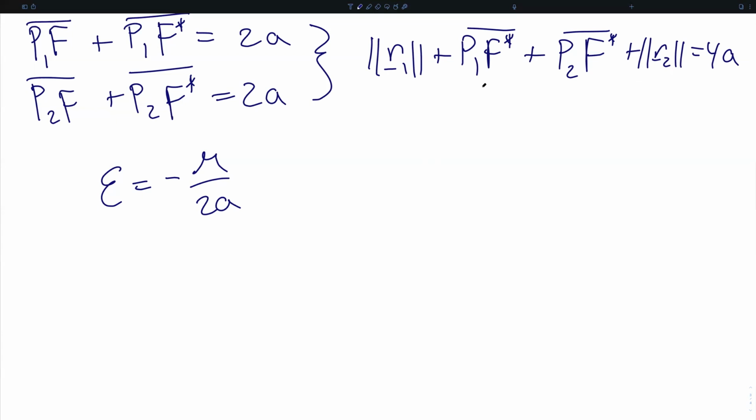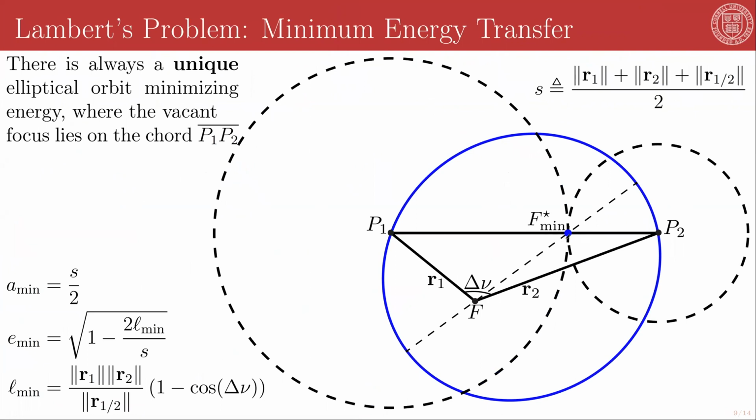What we're really talking about is minimizing this. You minimize P1 F star plus P2 F star by placing F star on the chord between P1 and P2. And so the minimum location of the vacant focus will be on the line connecting P1 and P2.